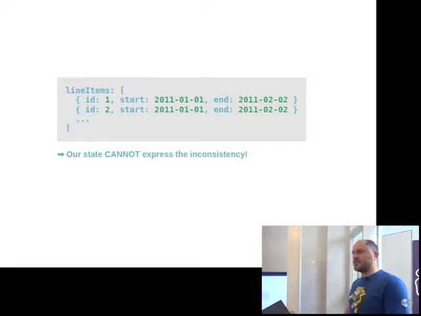It's just not possible that this state will describe a condition where that main date picker is off sync with the line items. If we consider that our model is the vocabulary that we have to describe the state, the vocabulary that we have picked does not have the word to say the main date picker is out of sync.